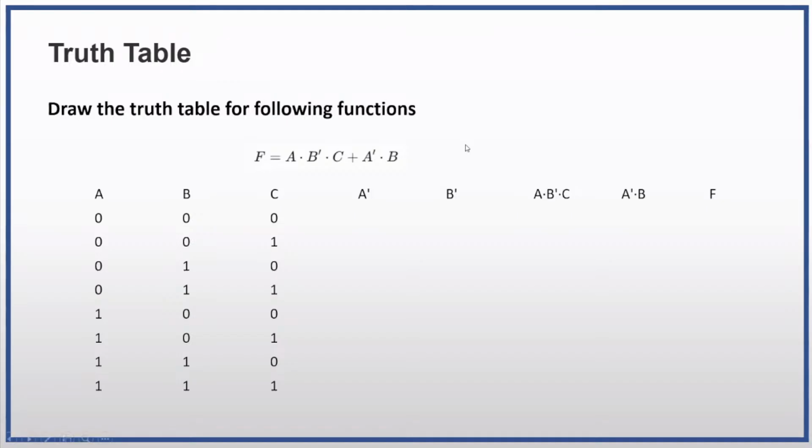So before moving to this part, I will do a simpler one. If you are asked to draw a truth table for A dash plus B, first you have to identify how many inputs there are.